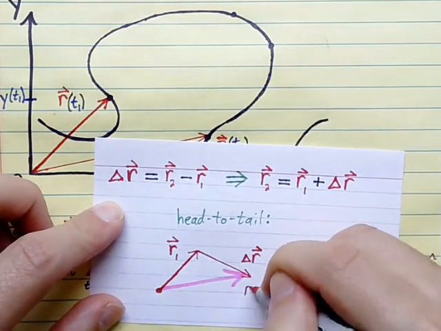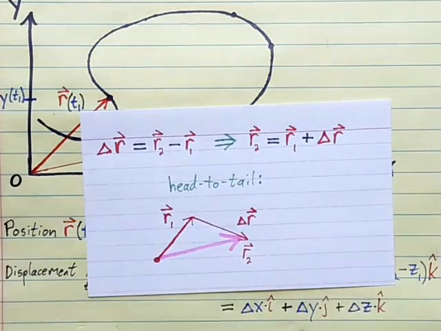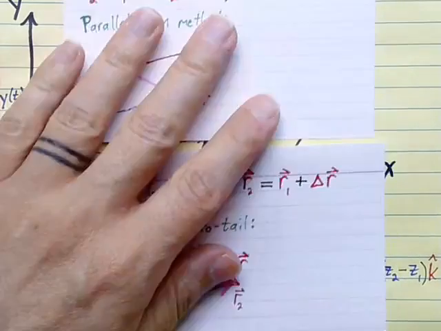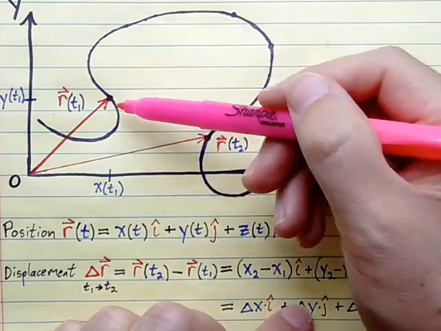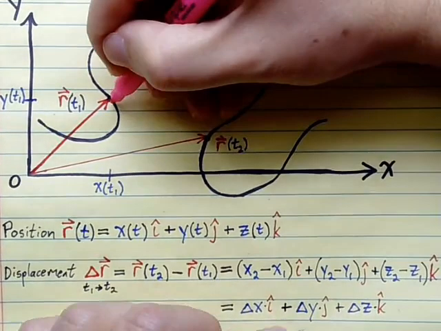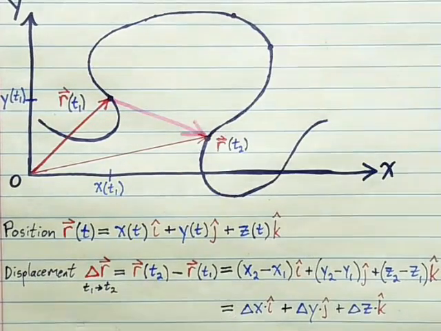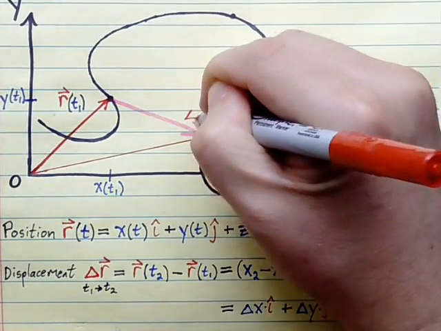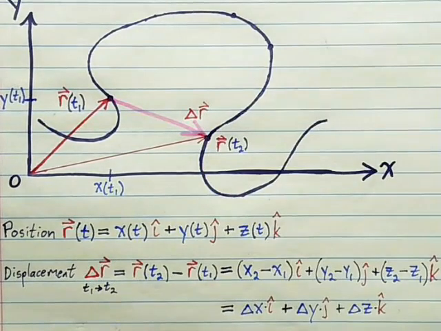That indicates R2 right there. So we've kind of gotten these pictures to agree with each other. And what they're showing is that our displacement vector between time 1 and time 2 points from your position at time 1 to your position at time 2. So that there is our delta R vector, our displacement vector.